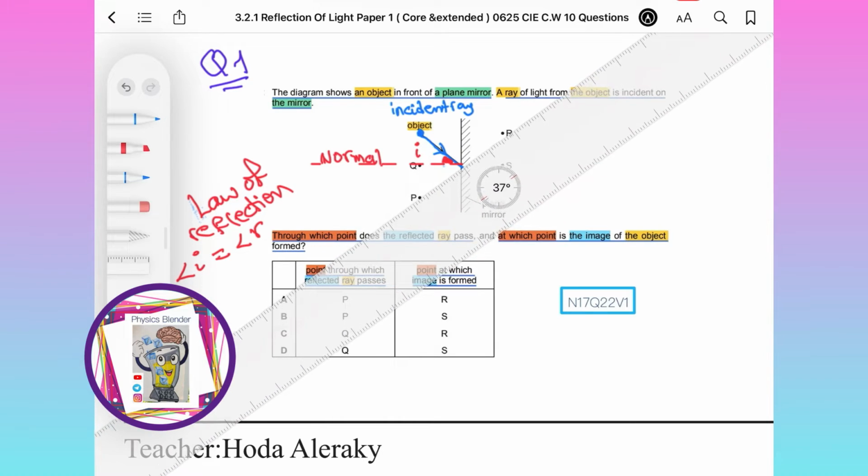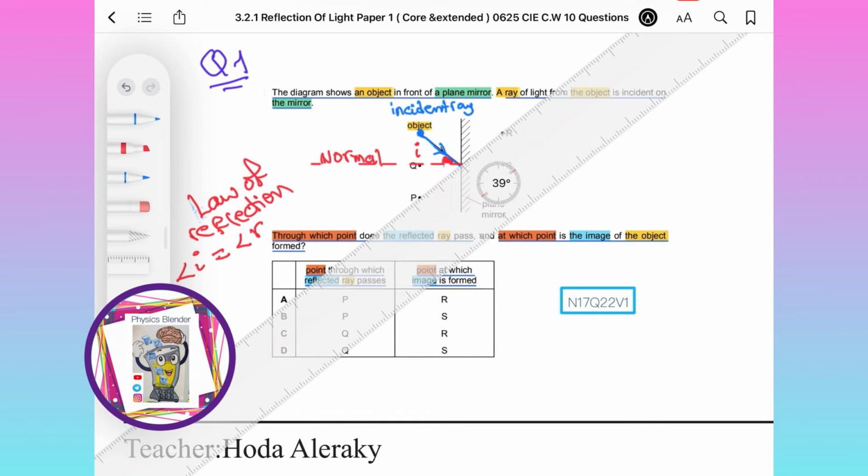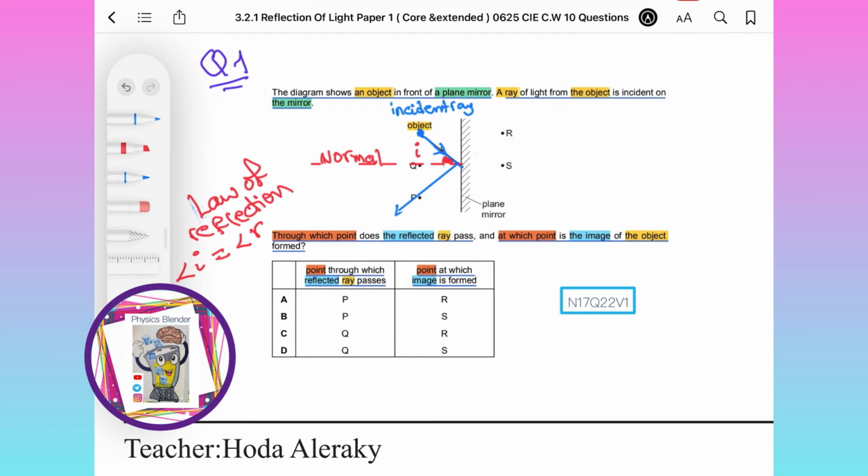The reflected ray should be at the same angle as the incident ray. So we can say here this is the reflected ray, and the angle between the reflected ray and the normal is called angle of reflection.